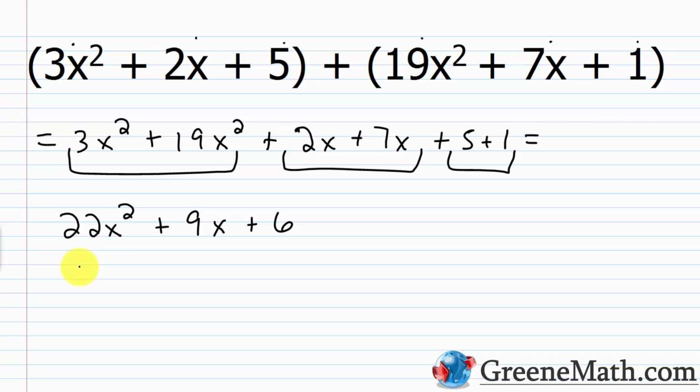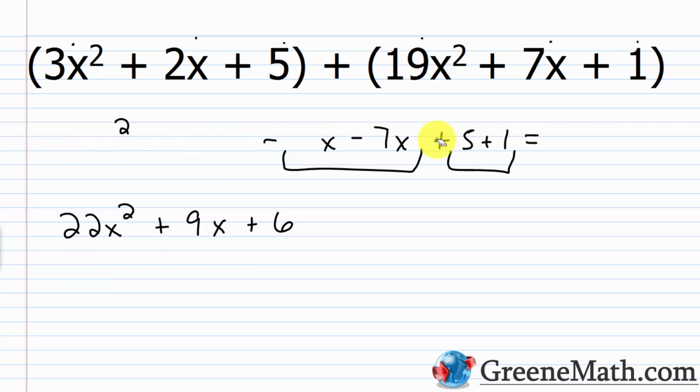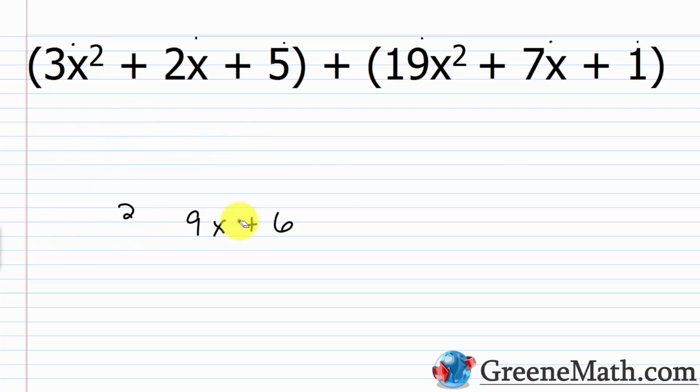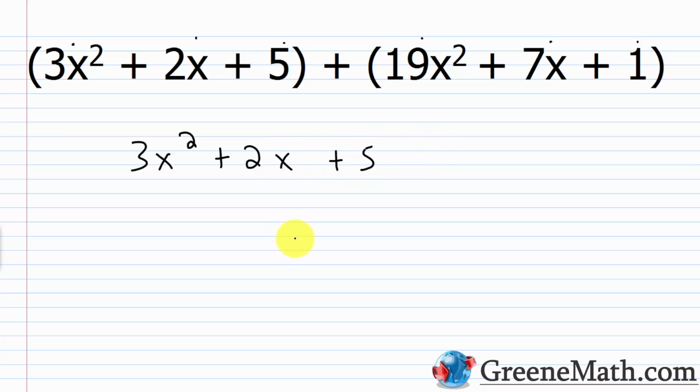Now, another common method that you will see, and this would work also, is to use a vertical addition method, just like we would use when we're adding multi-digit whole numbers. So the idea here is to line it up by like terms. So you could say 3x squared plus 2x plus 5. And this one will line up perfectly for us.